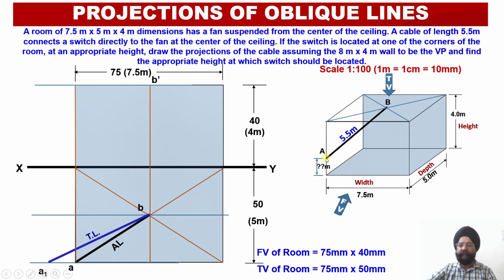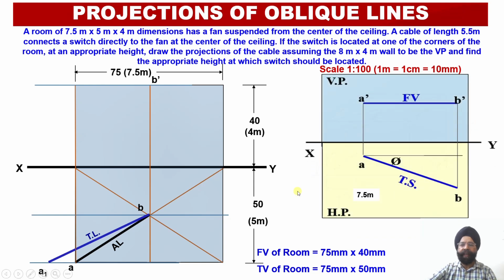So in order to obtain the location of the point A dash, once again the principles of the rotation of the line method have to be used over here. Now please check. I have been provided with the measurement of the true length of this cable or electric wire, and this measurement is 55 millimeter.